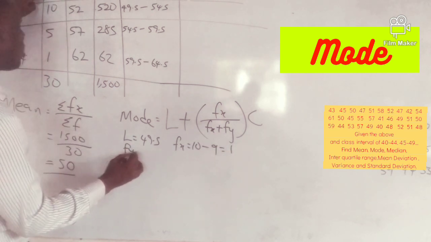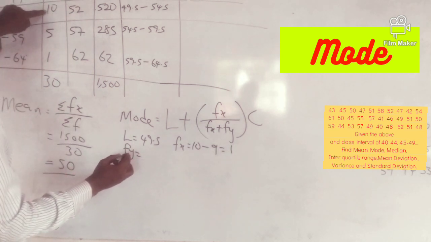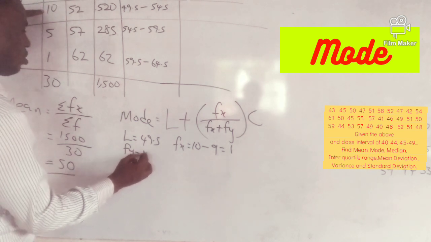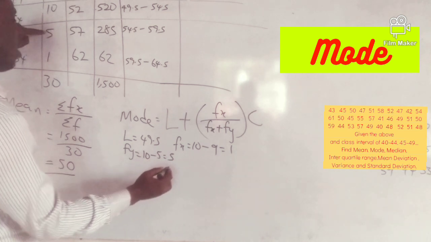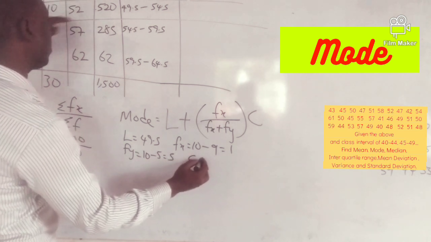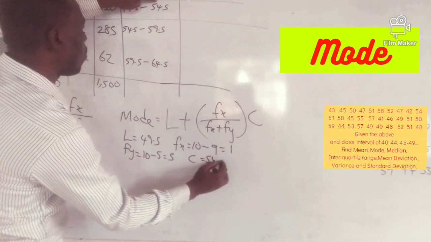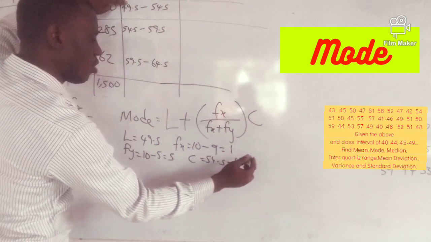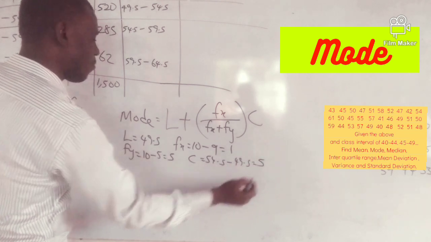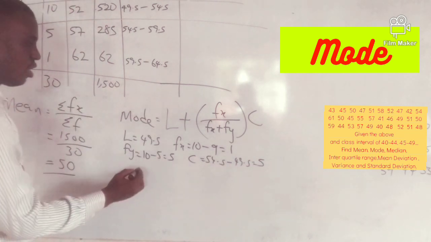Your fy is the difference between the frequency of the mode, 10, and the next frequency, 5. And your c is the class size, 54.5 minus 49.5, which is 5.